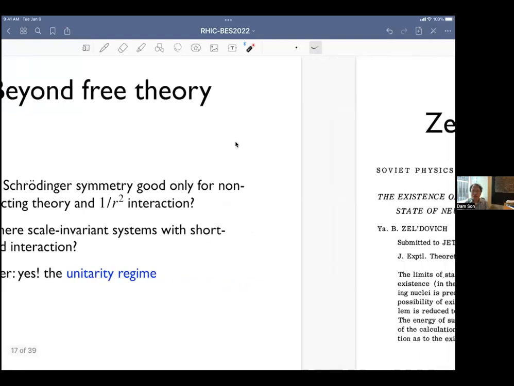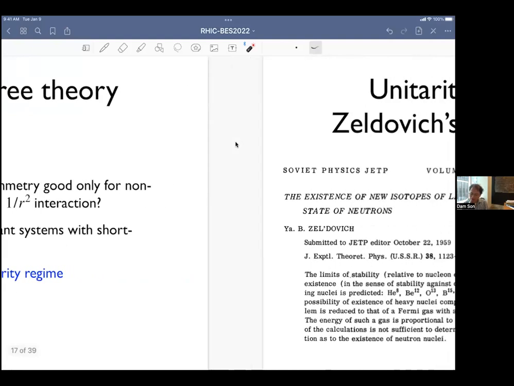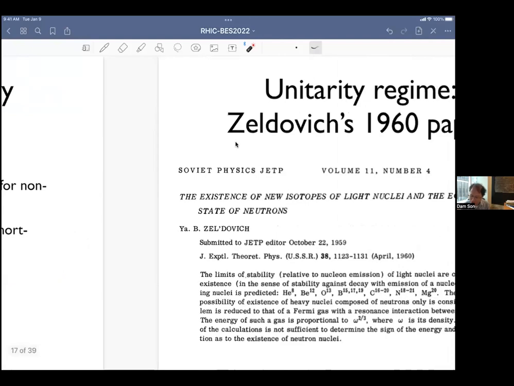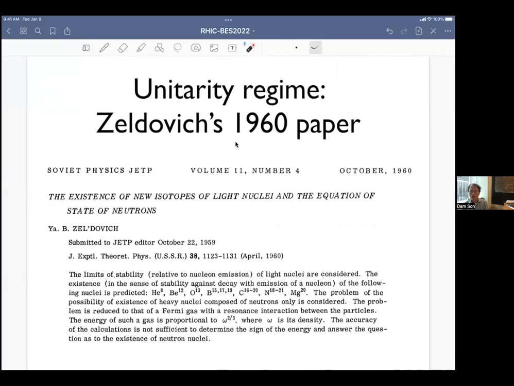The unitarity regime, I think, was first noticed by Zeldovich in a paper that he wrote in 1959 and published in 1960. He was worrying about nuclei with a large number of neutrons, and he made some predictions for what is now known as the unitary Fermi gas.